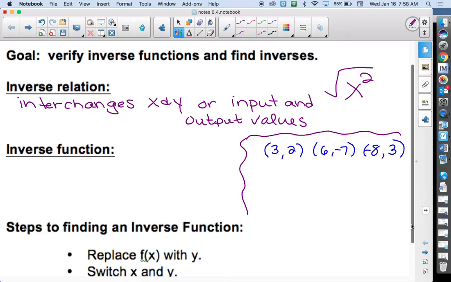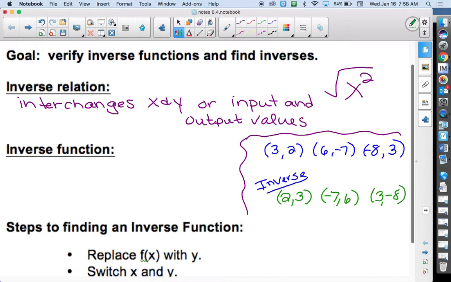So if this is my function, or my relation, and I want to get the inverse, literally, you interchange x and y. What does that mean if I say interchange x and y? Julian? You switch them. So the inverse would be 3 comma negative 8.